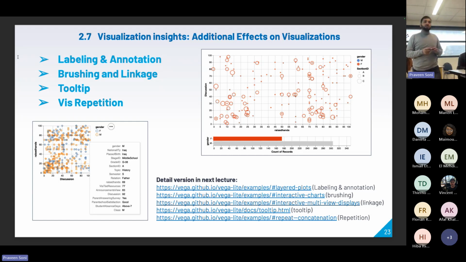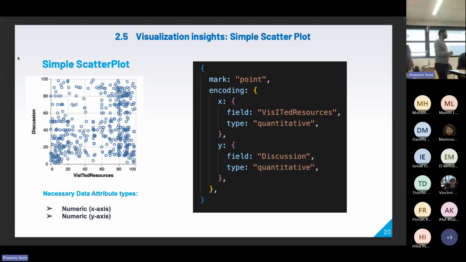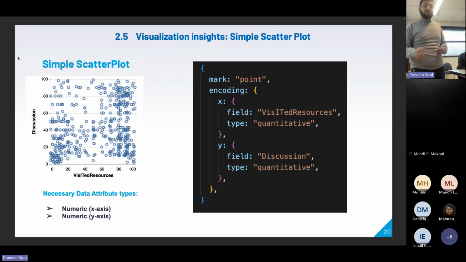So in terms of the coding, I want this code to be the same for all these scatter plots, and only change the y-axis. Such a type of repetition we call visualization repetition. We will use some code where the x-axis remains the same and only the y-axis changes.